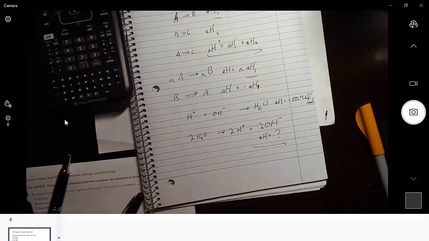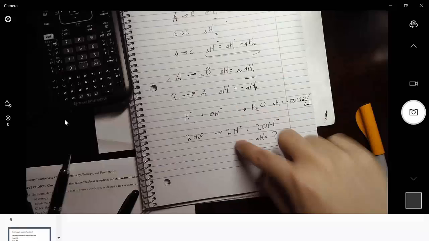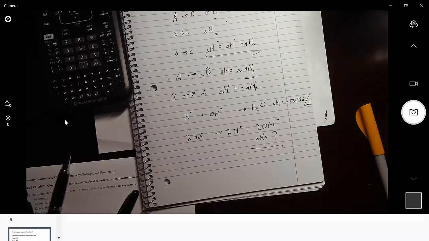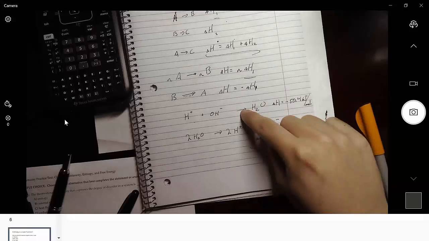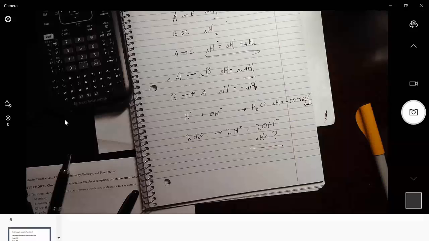So how do we get from this to this? Great. So we have to reverse it, and we need to multiply it by 2. Perfect.